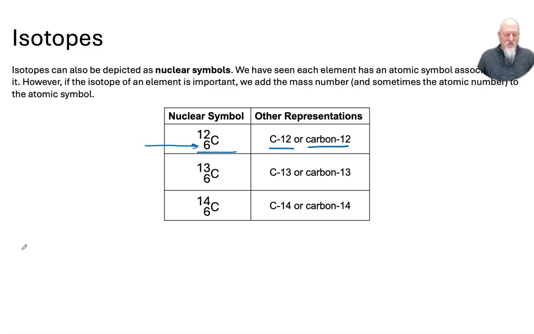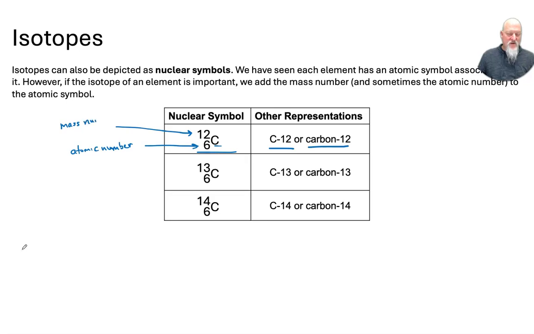In the bottom left-hand corner is the atomic number. And sometimes that's not put there, because we already know what the atomic number is because we know what element it is, right? Because we have the elemental symbol. It's carbon. Carbon atoms have 6 protons. In that upper left corner, that's the mass number.